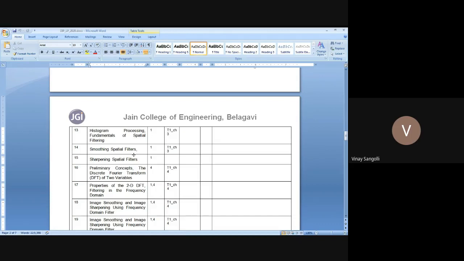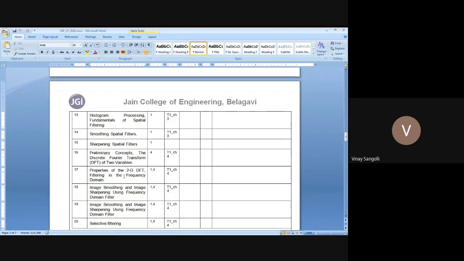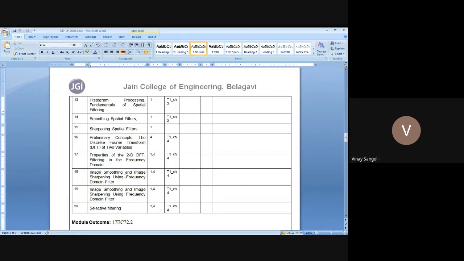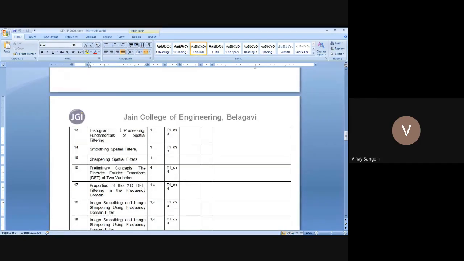We'll also be going through some properties. What are the different properties of DFT? How do you measure the DFT? We'll try to do this in both the domains, the frequency domain as well as the time domain. So all these things will come in your module number 2, very much important.